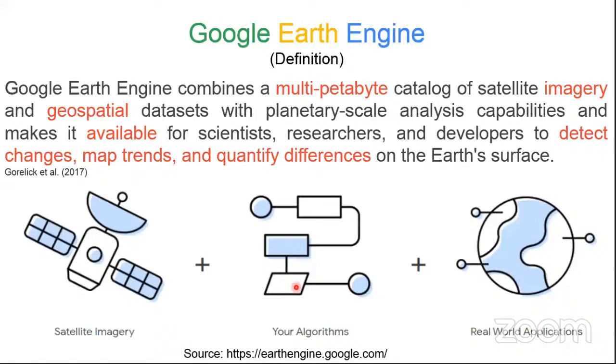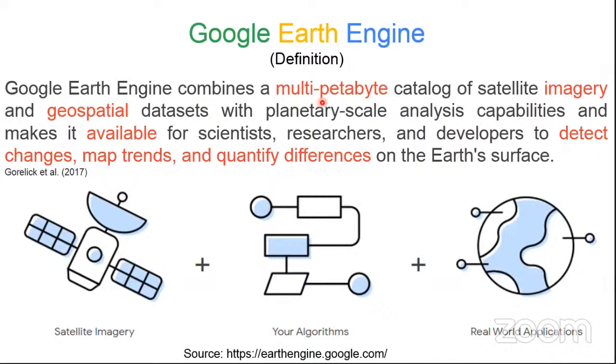So what is Google Earth Engine? Google Earth Engine combines a multi-petabyte catalog of satellite imagery and geospatial datasets with planetary-scale analysis capability and makes it available to scientists, researchers, and developers to detect changes, map trends, and quantify differences on the Earth's surface.